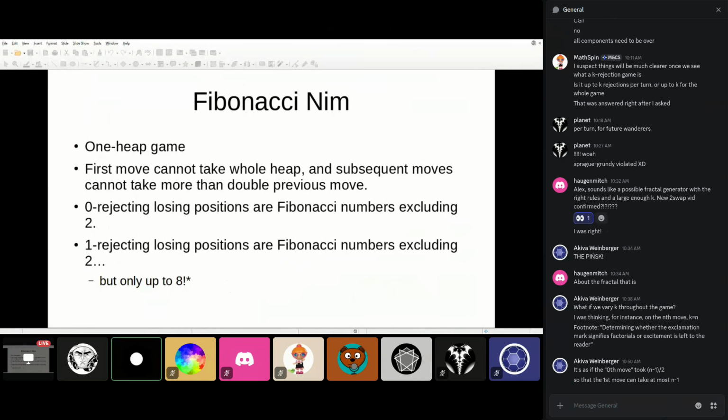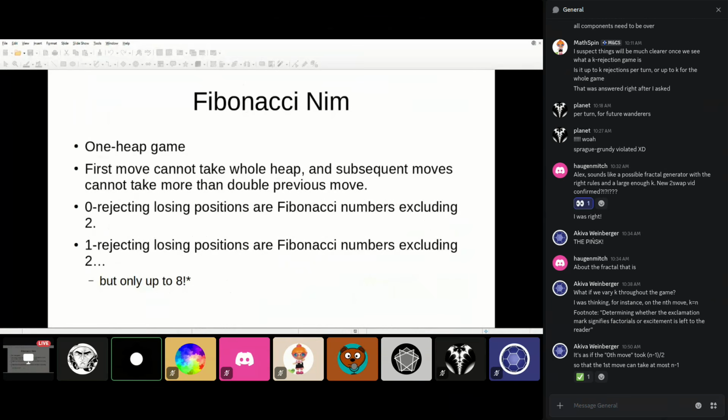I was going to say, couldn't we just take the whole pile down to a low Fibonacci number, but then the other player could just take the whole stack. So you're encouraged to take a small thing to start. Right, that's the general idea behind the zero rejecting strategy, at the very least.